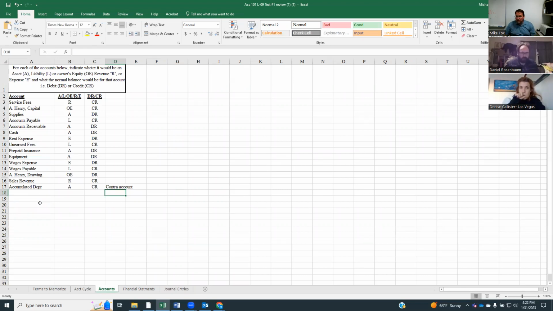Accumulated depreciation is a contra asset, which means it's an asset with a normal balance on the credit side. These special contra accounts always link up with an actual asset account. So if you have equipment, you would have its related contra account, accumulated depreciation equipment. So yes, that's correct.